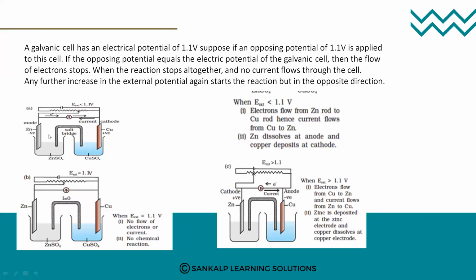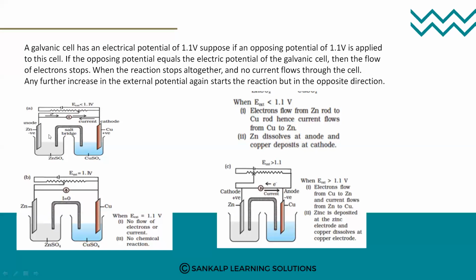Then there won't be any flow of electrons or current. The external energy is equal to the opposing energy, so there won't be any chemical reaction taking place. Now, if you apply more than 1.1 volts, what will happen?